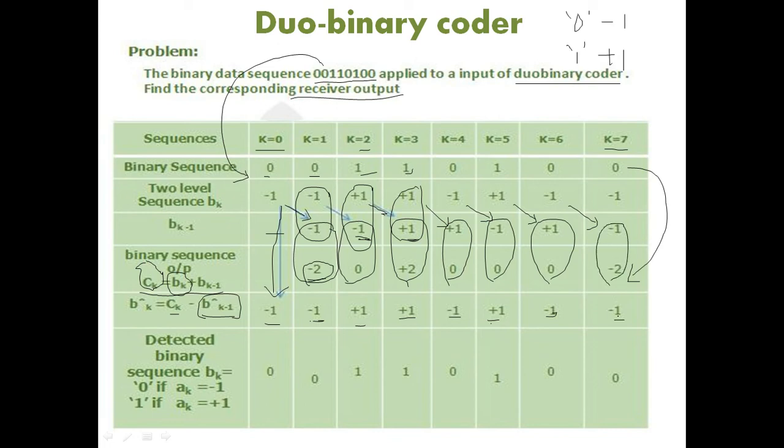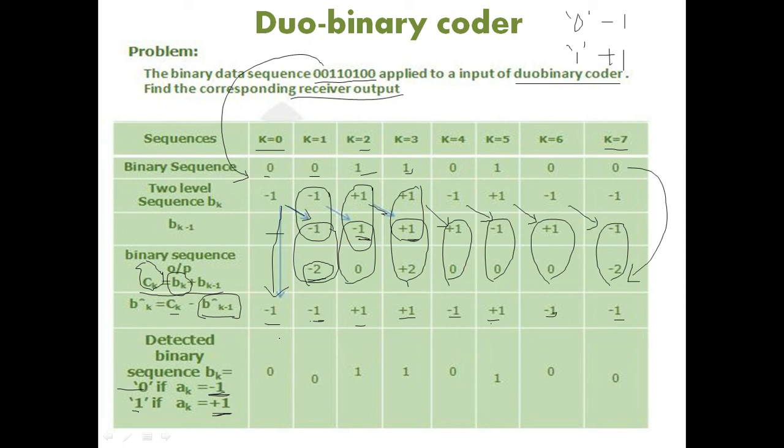Now, what is the detection rule in the duobinary coder? For the detected sequence, if the value is minus 1, negative, assign binary 0. If the received voltage is positive, plus 1, assign binary 1.